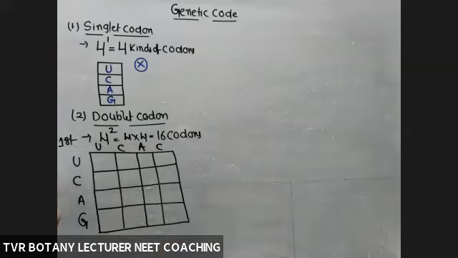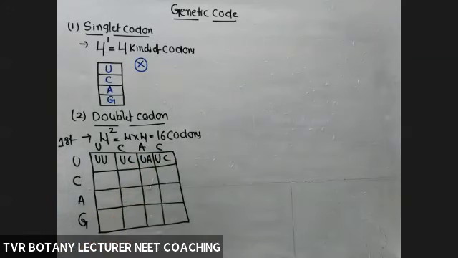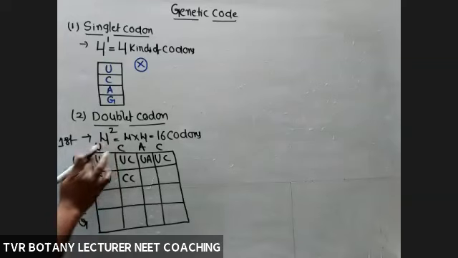So according to this concept, first nucleotide this side, and second position. So U, one kind of codon. U, C, second kind of codon. U, A, U, C. Next, C, U, C, C. Like this.